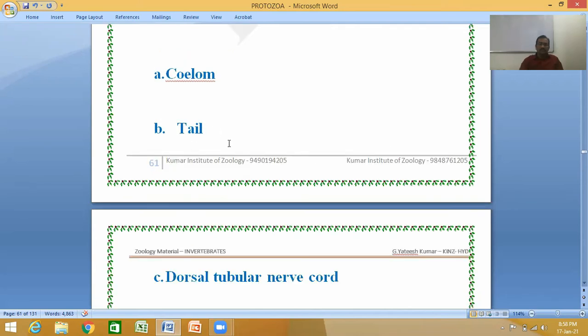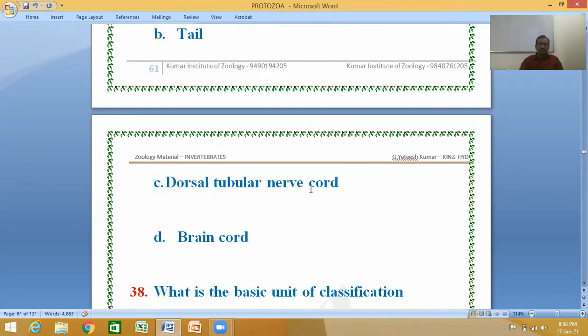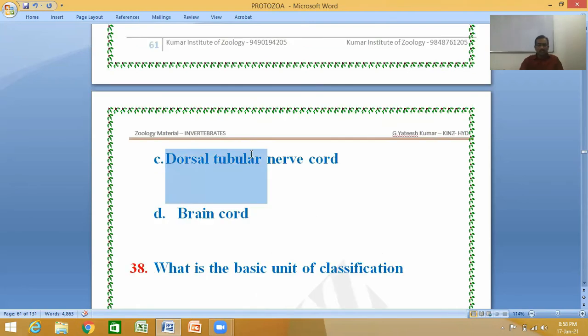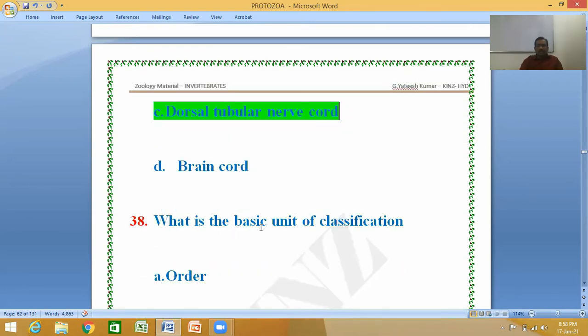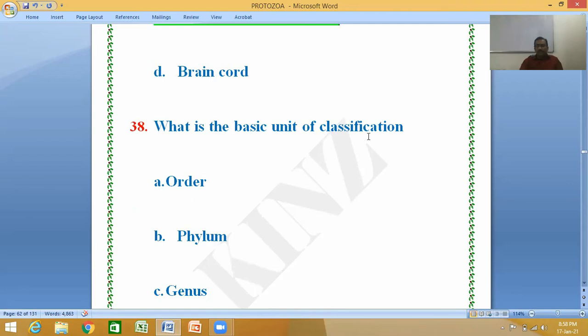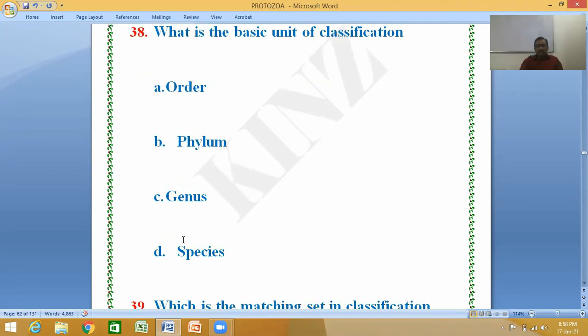Coelom, tail, dorsal tubular nerve cord, brain cord. The answer is the dorsal tubular nerve cord. What is the basic unit of classification? It is a simple question. Already you know the best answer is the species.